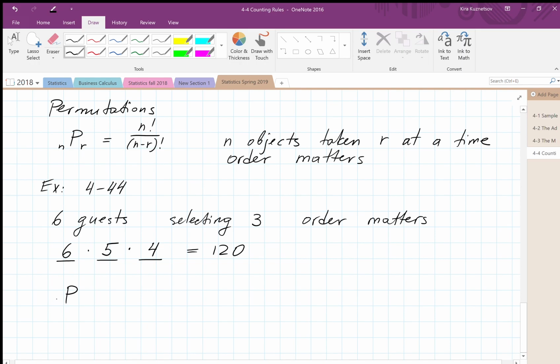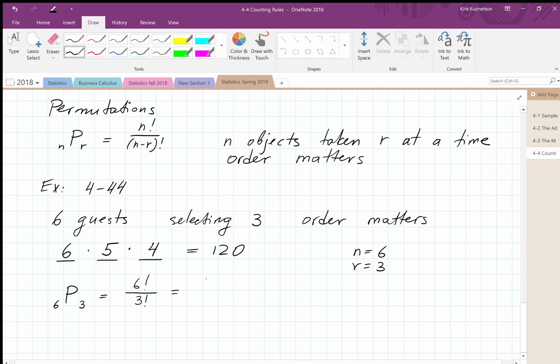The permutation formula is: 6 is the big number, so your n is equal to 6. Your r is equal to 3 because you have 6 guests and you're selecting only 3 out of those 6. So you take 6 factorial divided by 6 minus 3, which is 3 factorial.